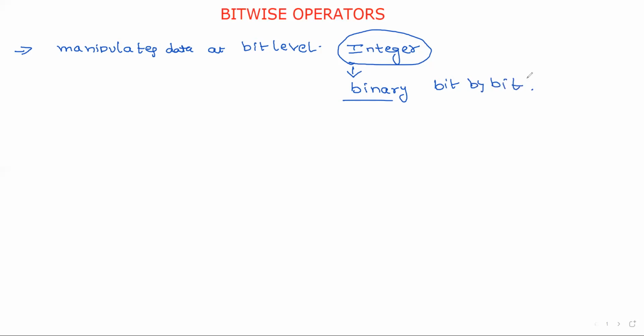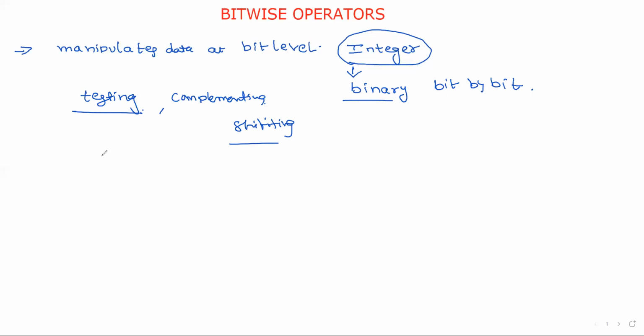The main place we use bitwise operators is for testing the data, for complementing the data, or for shifting the bits. That is, if you require a situation where the operation is performed at bit level, we move into this one.